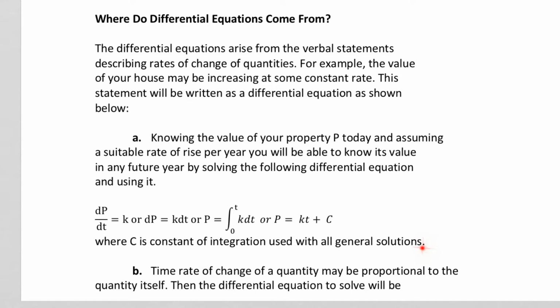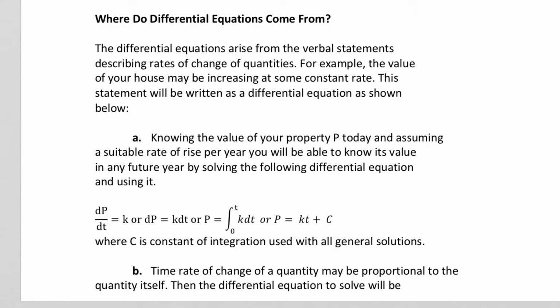First order differential equations will have one constant, whereas second order differential equations will have two constants of integration, and so on. B. The time rate of change of a quantity may be proportional to the quantity itself.